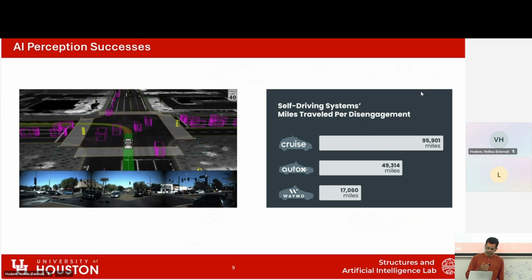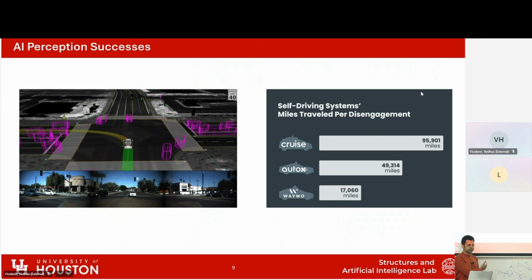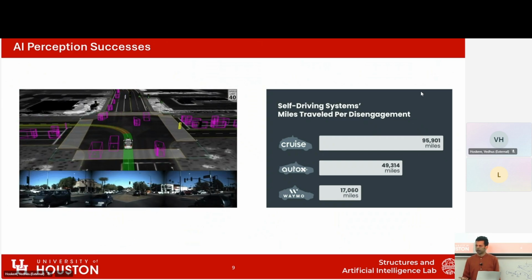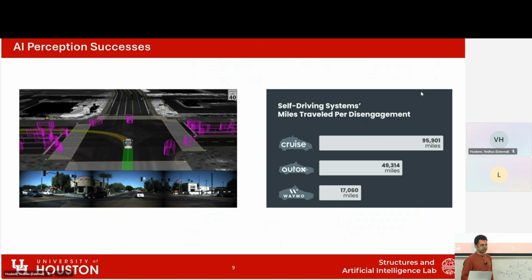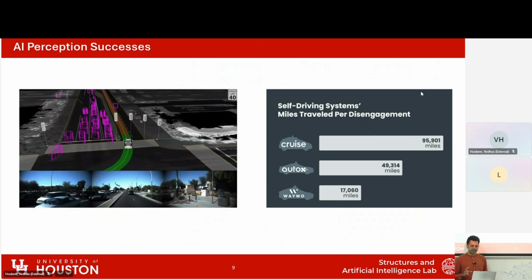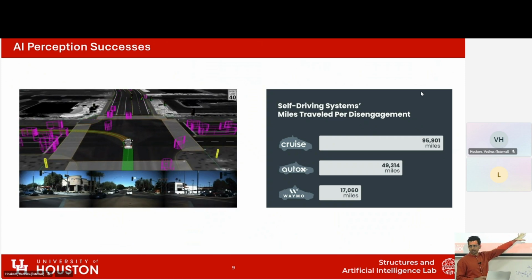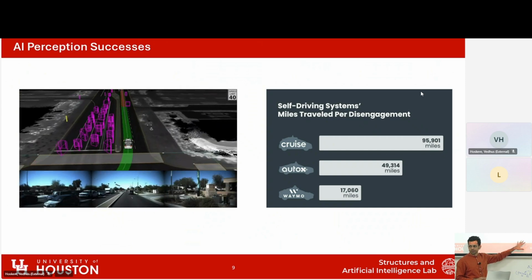And the question then arises, why can't we have such robust systems for the inspection systems and for the post-disaster assessment systems? The problem is that this is a very well-funded industry, and there's a huge market potential here.